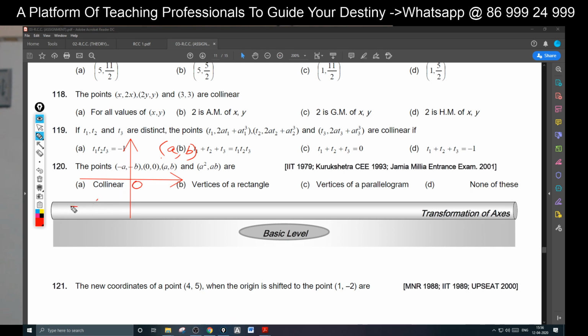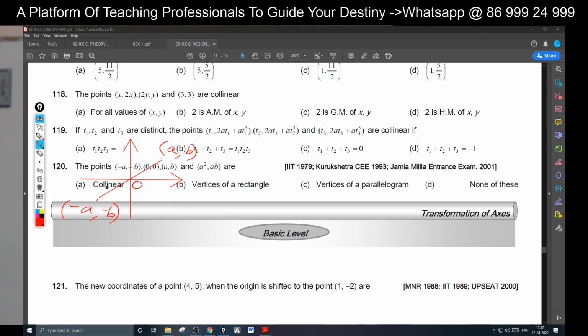That's what I'm saying, common sense. When these three are collinear, they are forming a line here. If you want to check whether they are collinear or not, with common sense also you can say that. That's why I have drawn the diagram. These are three collinear points.